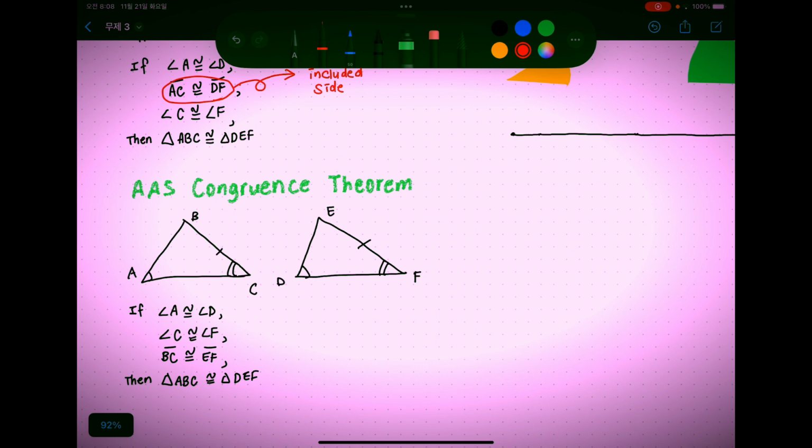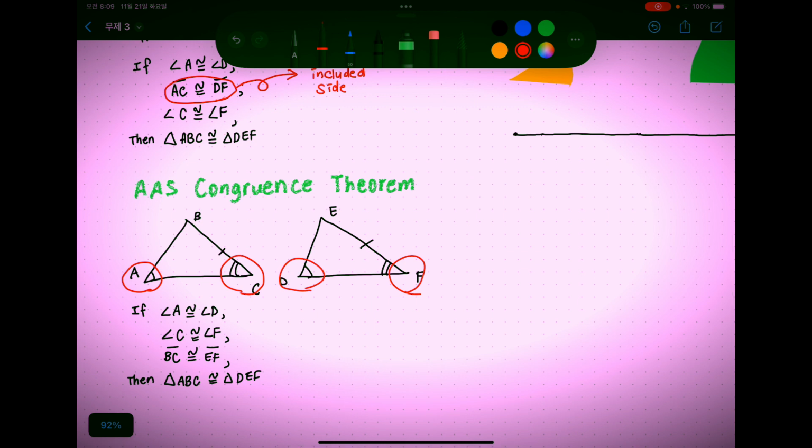So that tells us something, right? With AAS, if we have a pair of congruent angles, and then another pair of congruent angles, but this time the side is not the included side, it has to be the non-included side.